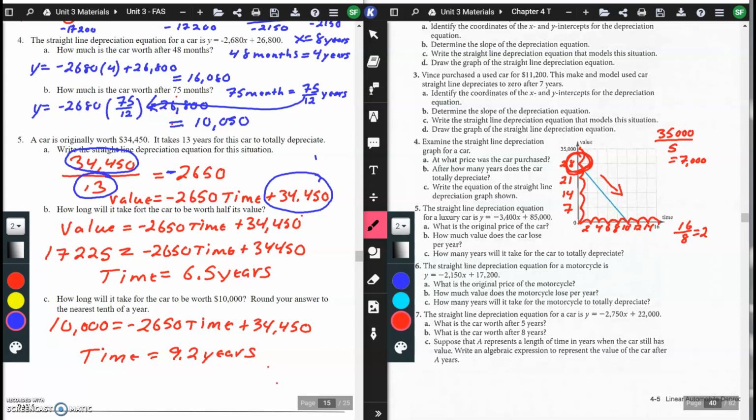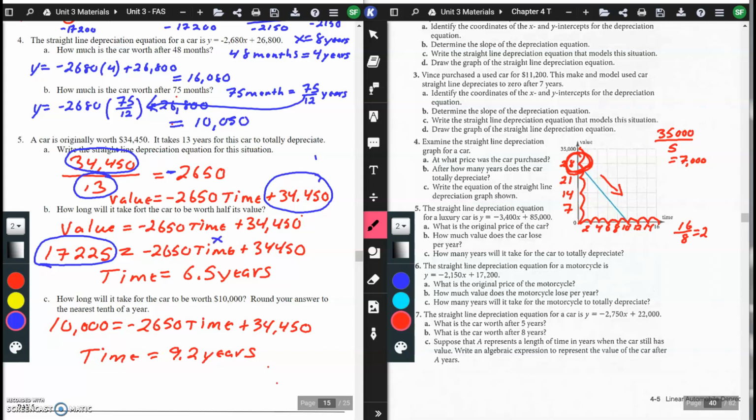How long will it take for the car to be worth half of its value? Half of 34,450, divided by 2, gives you 17,225. That's our new value, so it goes in for your value spot, equals negative 2650 times time. We're going to solve for time, or our x value.